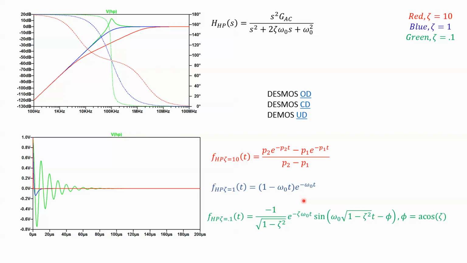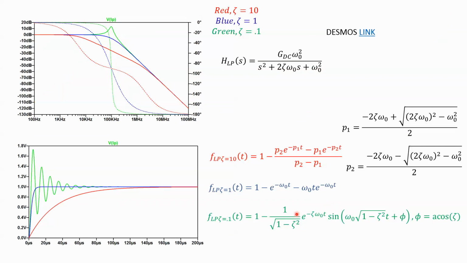But just to review, the low pass starts high, goes low. It's acting like a double integrator. For the critically damped, it's acting like a double integrator up to here, same with the underdamped, but then of course it behaves quite differently from there.